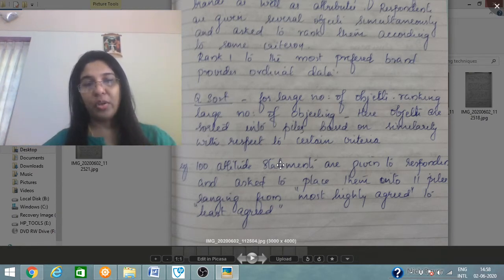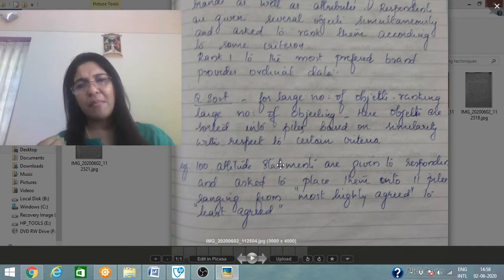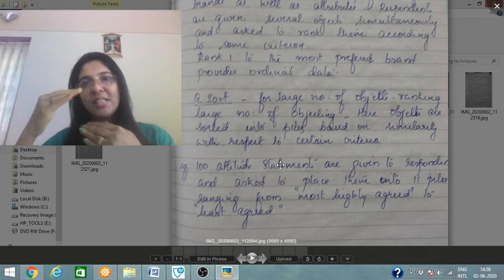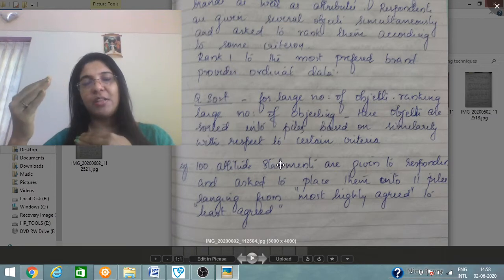Here objects are sorted into piles based upon some understanding, some similarity, etc. You sort those variables into smaller piles with respect to certain criteria, and each pile is considered as a single variable, because in each pile you will have n number of variables which are similar in one way or another.